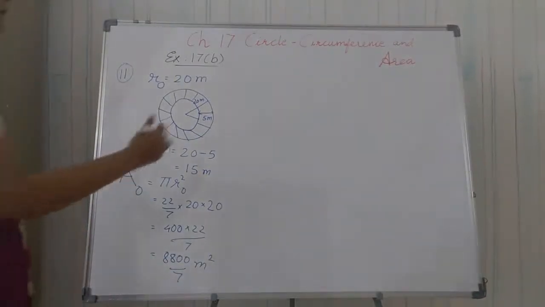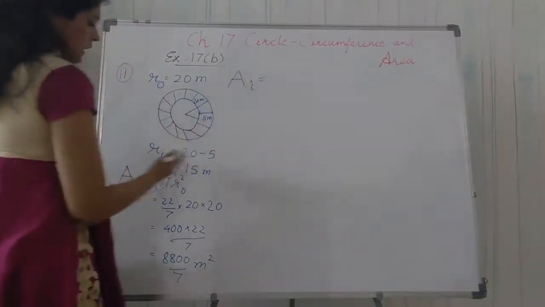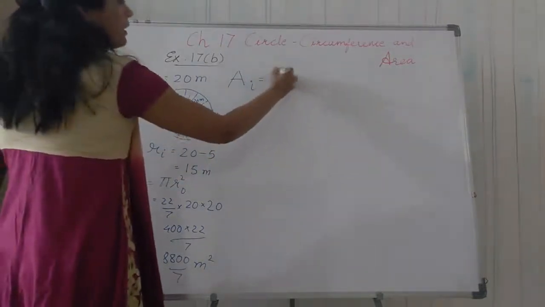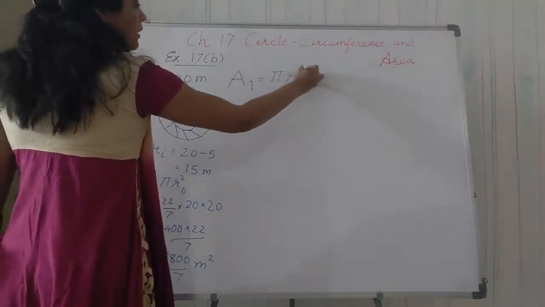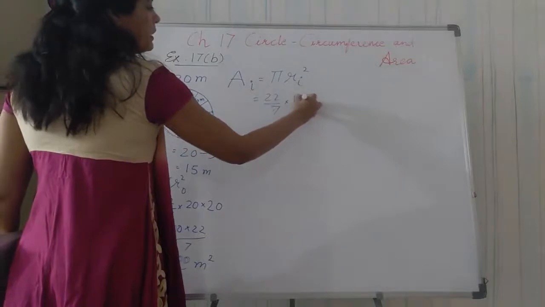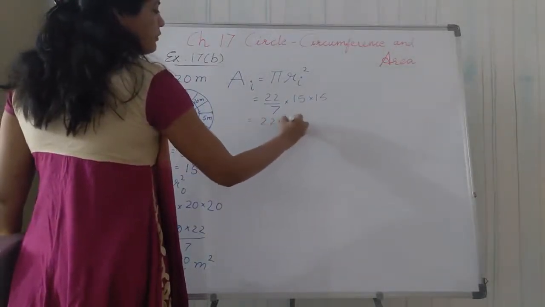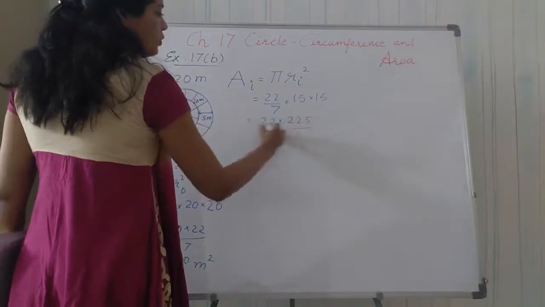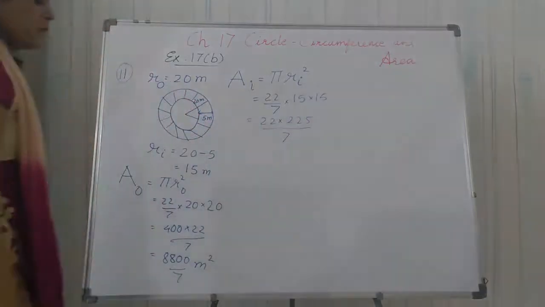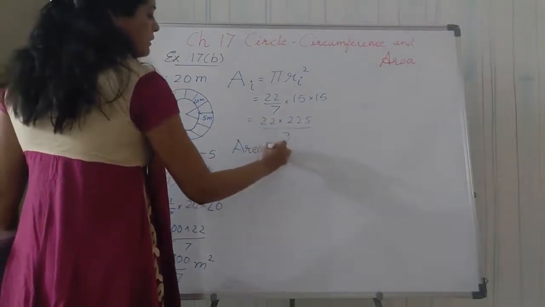Now let us find inner area, that is AI, by using inner radius. So pi RI square. So here 22 by 7, 15 multiply 15. So by calculation, this 15 into 15, 225 divided by 7. Now we find area of this path.